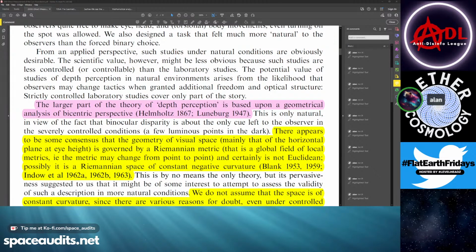The scientific value, however, might be less obvious because such studies are less controlled or controllable than laboratory studies. Potential value of studies of depth perception in natural environments arises from the likelihood that the observers may change tactics when granted additional freedom in optical structure. Strictly controlled laboratory studies, however, cover only one part of the story.